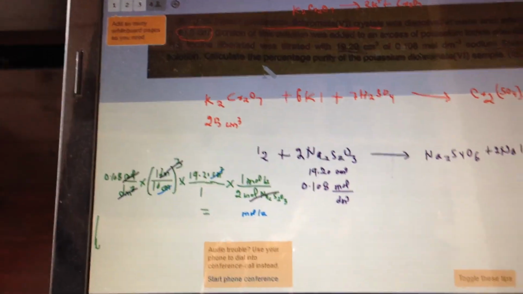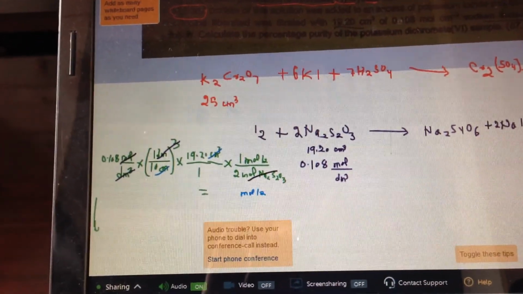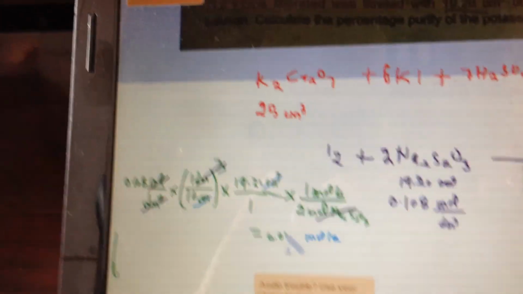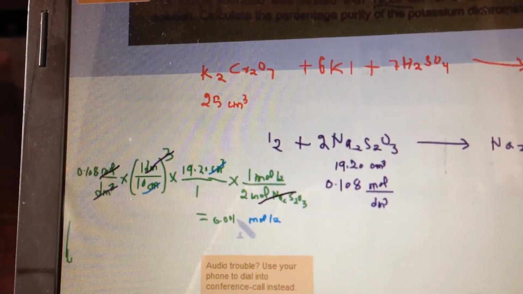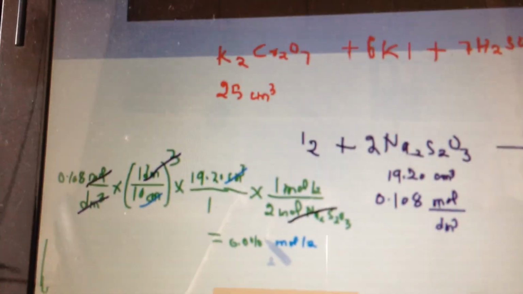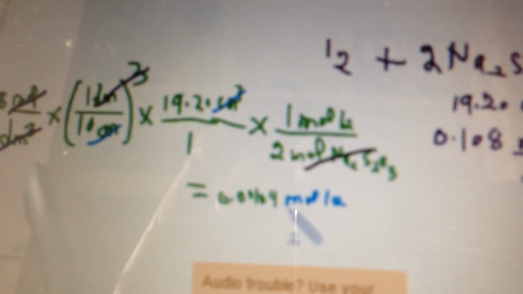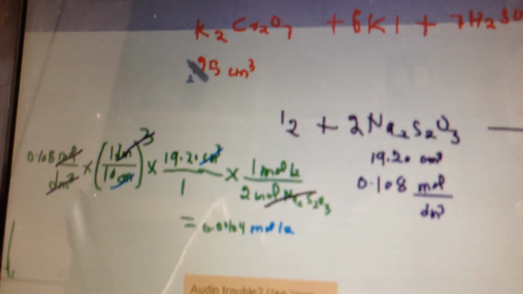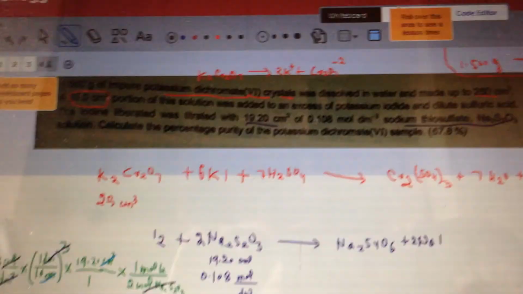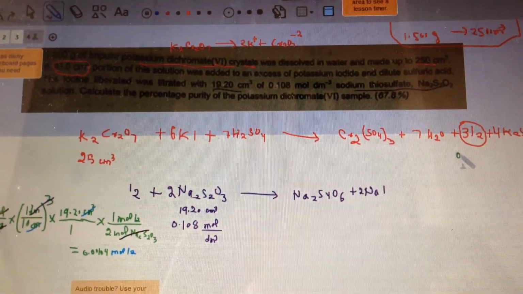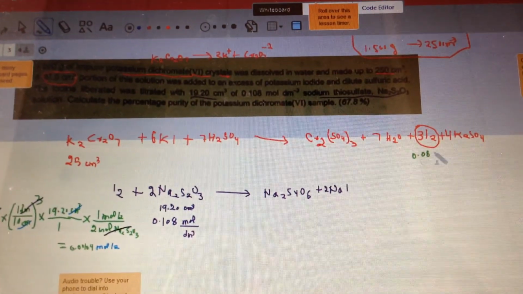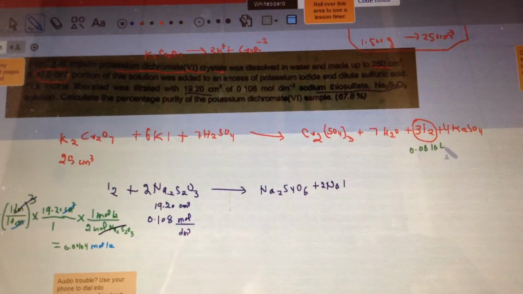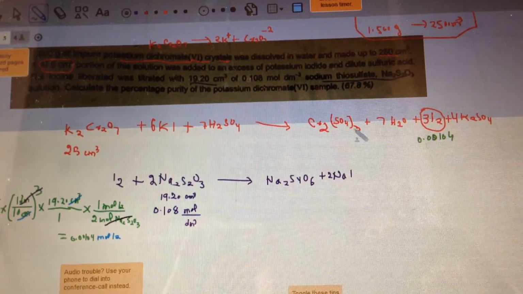So that comes out to be 0.00104. Now, these are the I2 that was produced in the previous reaction. So that means the moles of I2 in the first reaction we wrote down was 0.00104.